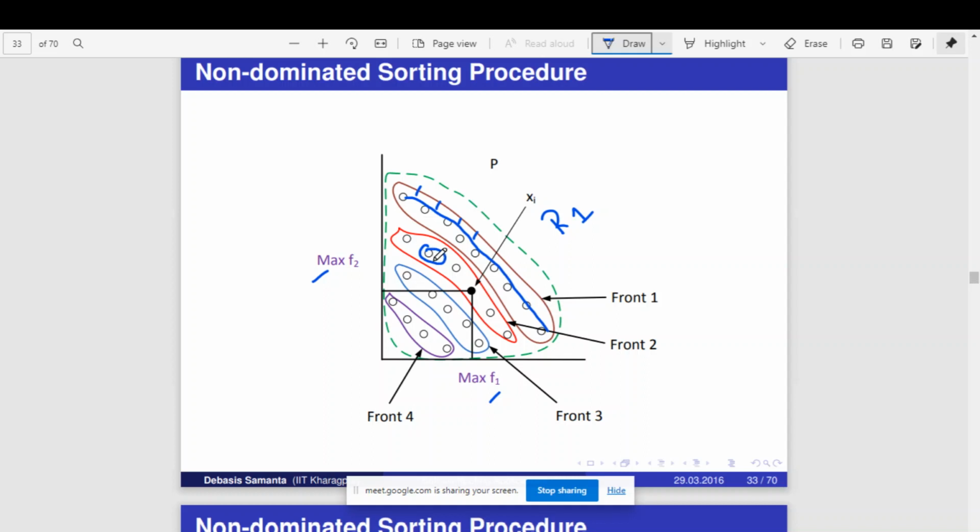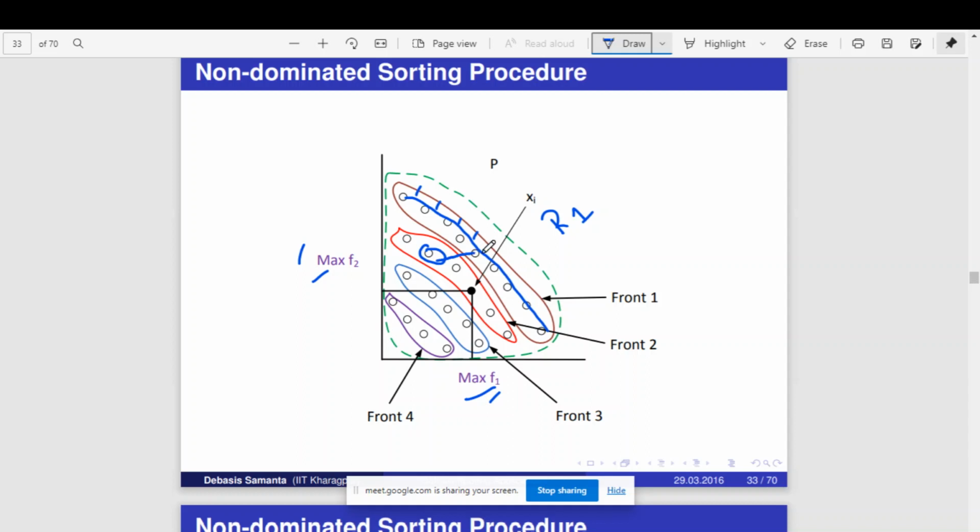Which are the solutions dominating this solution? See, we are maximizing both F1 and F2, so they should lie towards the right and towards the top.